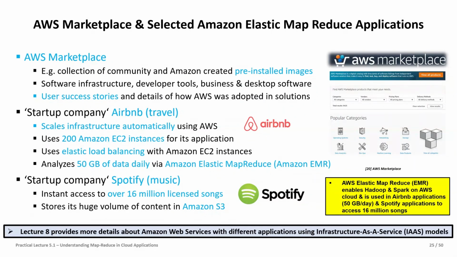And just to give you a short message that, of course, Elastic MapReduce, that we will look into in the second part much more. Here are 2 application examples of Airbnb where you can use this.